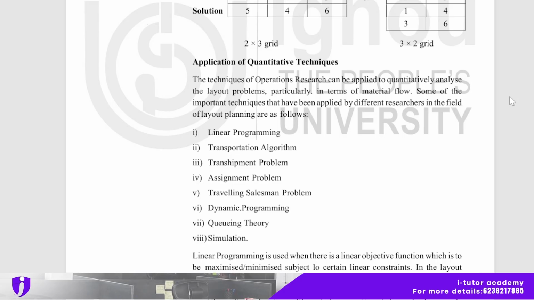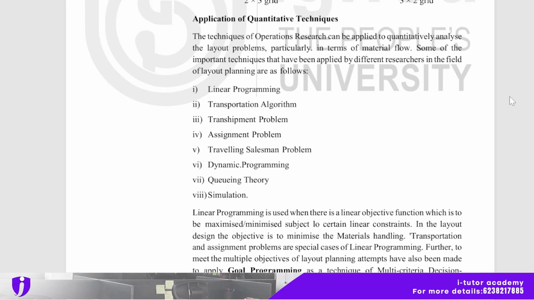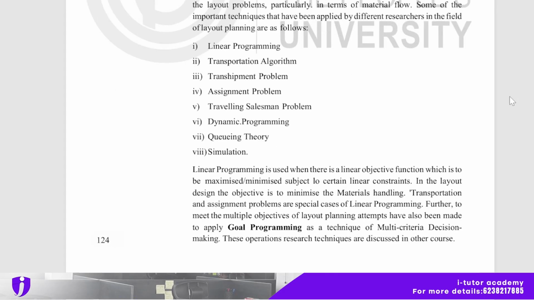Some of the important techniques that have been applied by different researchers in the field of layout planning are linear programming, transportation algorithm, transshipment problem, assignment problem, traveling salesman problem, dynamic programming, queuing theory, simulation, etc. And linear programming is used when there is a linear objective function which is to be maximized or minimized subject to certain linear constraints, and in layout design the objective is to minimize the material handling.